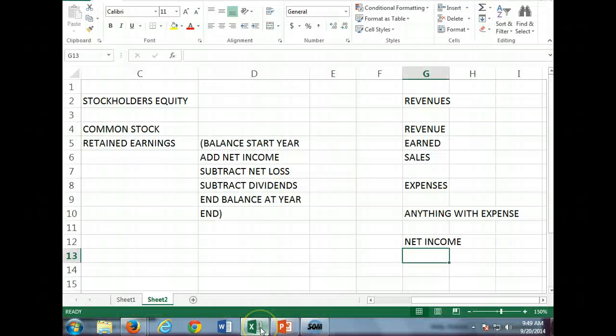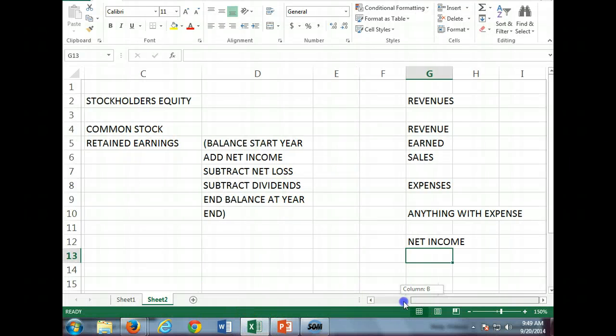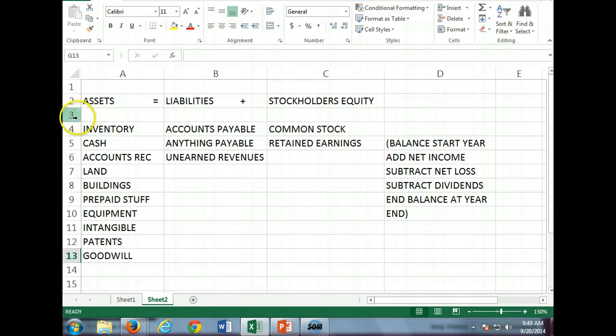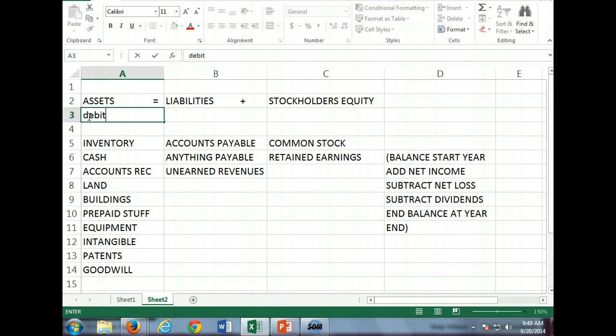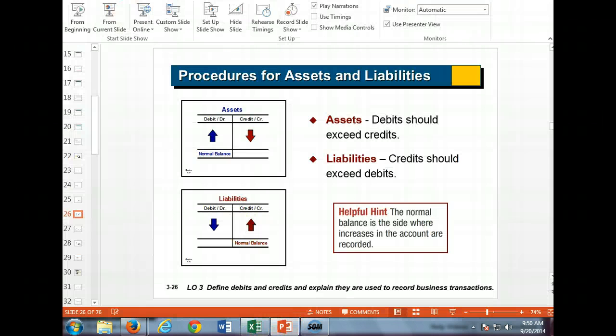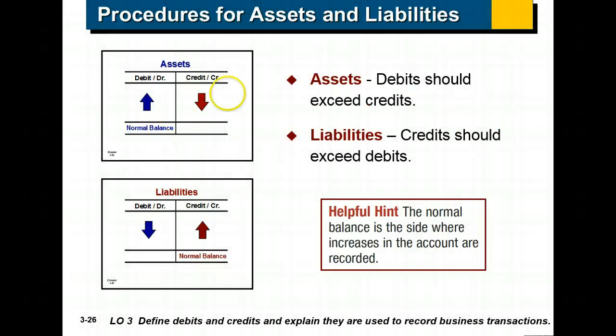On this little cheat sheet, I want you to say assets, debit balance. Okay? Because in every asset you have, debits are going to exceed credits.